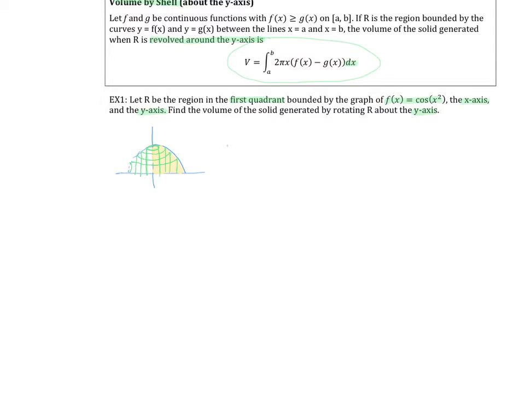Now when you look at a cylinder, which in this case we're calling a shell, these are hollow. They don't have a top or a bottom. It's just the wraparound part. If I was to open a cylinder, it would have the shape of a rectangle.